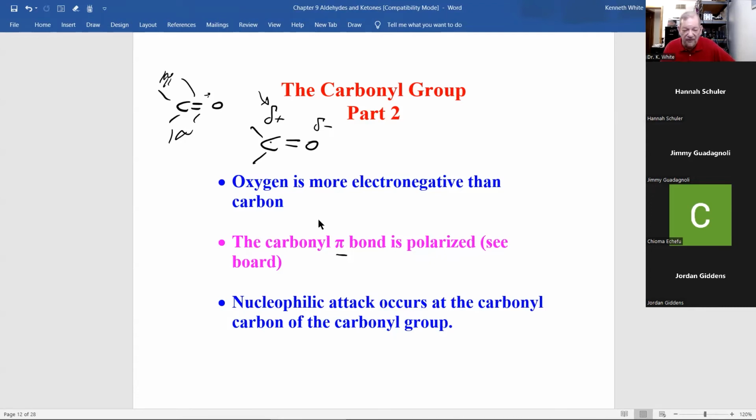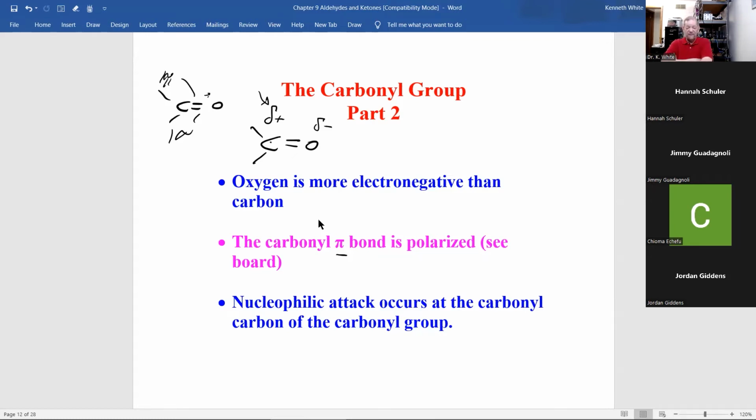But that provides an important ability, and that is for ketones and aldehydes to undergo nucleophilic attack, and it happens at the carbonyl carbon. Nucleophilic.